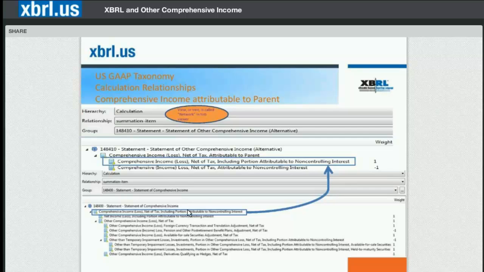And the calc hierarchy can also be called a tree, a view, and a network. Also note that the ultimate summation parent in any calculation tree has no calculation weight. So you'll notice there's no calc weight here on these two top items.